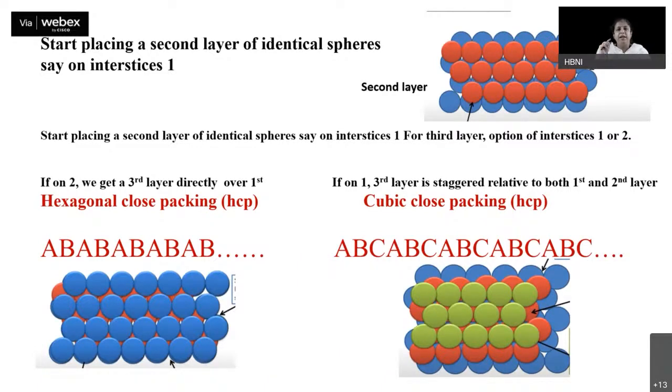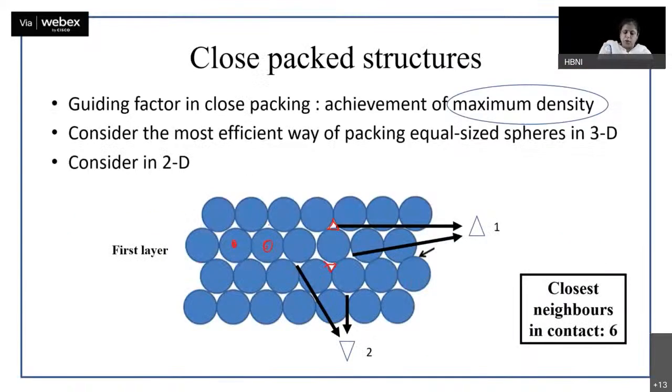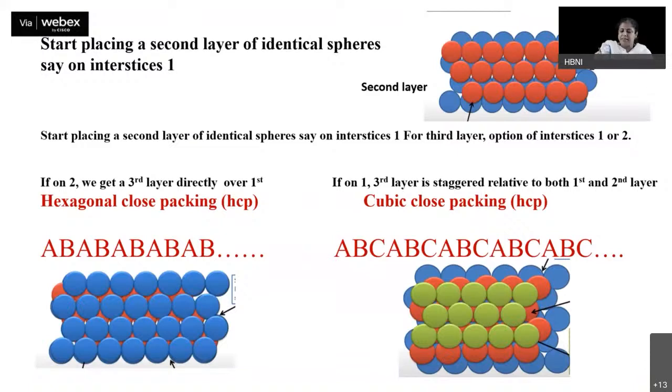Now, mind you, if you have equally sized spheres, then you cannot occupy both the upward pointing and downward pointing interstices. That is because the spheres are equal size and you simply just cannot do that. Now you place the second layer on either one of the two interstices that I marked in the last slide.